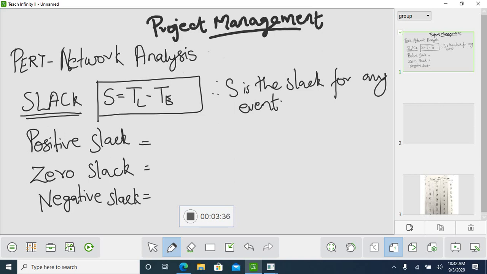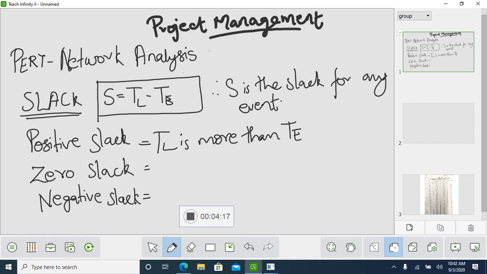It indicates an ahead-of-schedule condition. The project is going ahead of schedule. For example, the schedule may be 4 weeks, but it is going faster than 4 weeks. That is called positive slack.